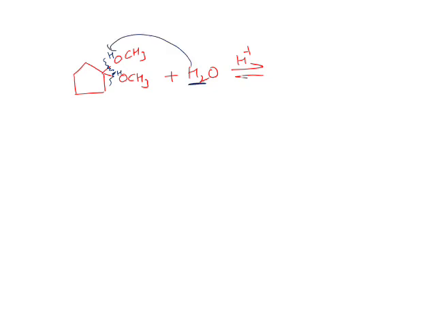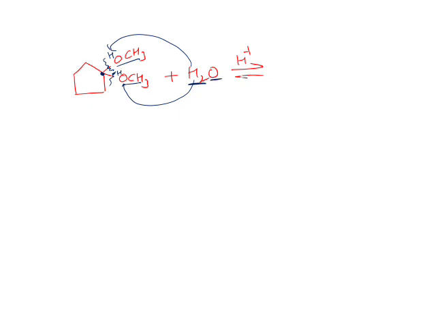Let's take one example of hydrolysis. So this is the molecule. We have OCH3, and when we do a hydrolysis in the presence of an acid, what we're going to do is break this bond and put one hydrogen, and this hydrogen comes from water. And then this carbon that has the 2 ether groups, the bond is already broken.